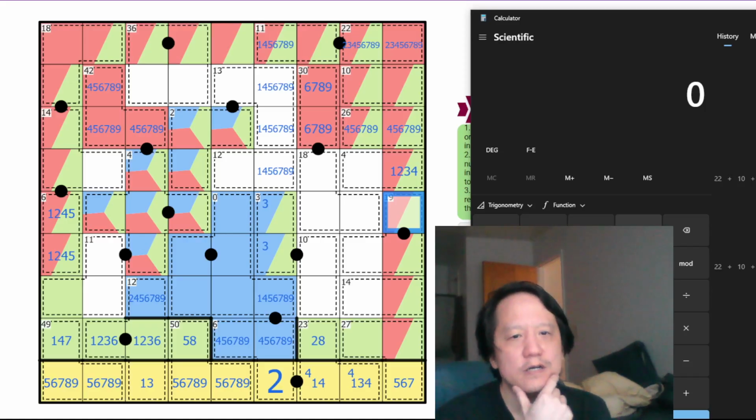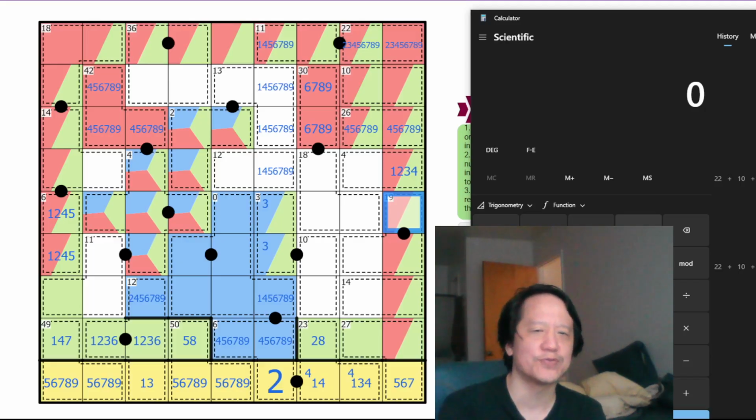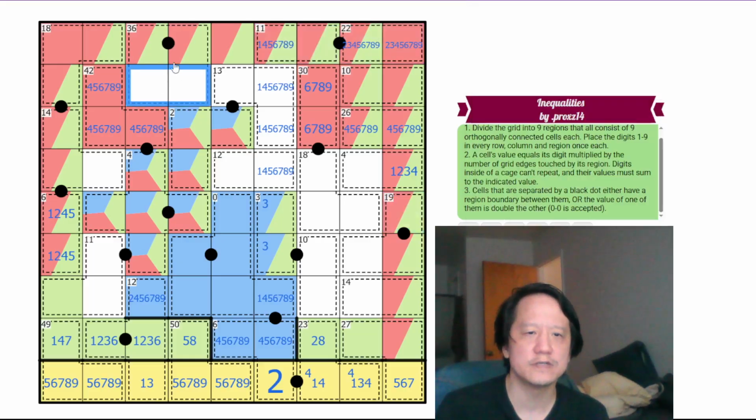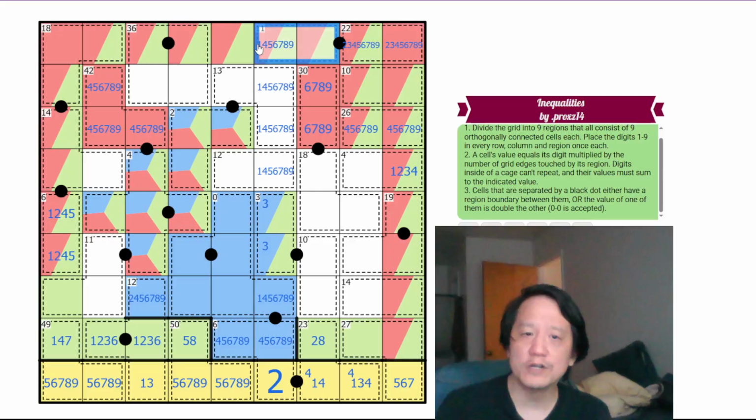Okay, what about top 3 rows or top. Hold up. What about these sets here? Now that's interesting. You have one of these is a singleton.